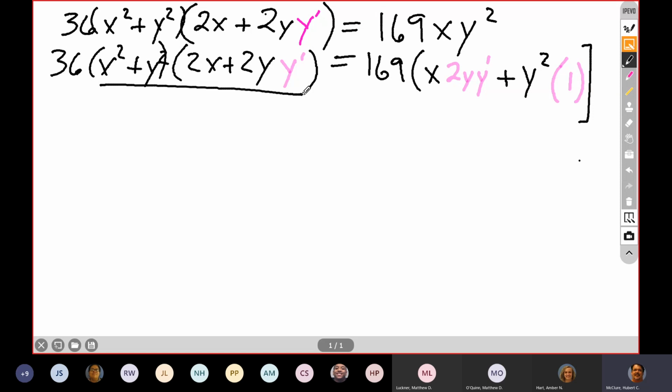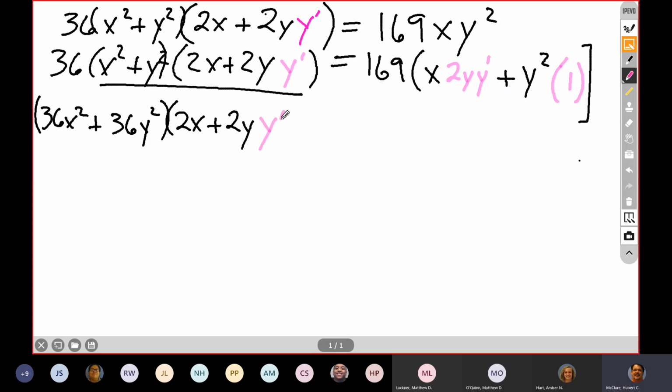I'm going to do the 36. That'd be 36x squared plus 36y squared times 2x plus 2y, y prime. Oh yeah, this is working good. I like this. Equals 169 x 2y y prime.